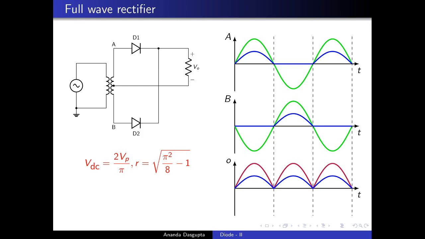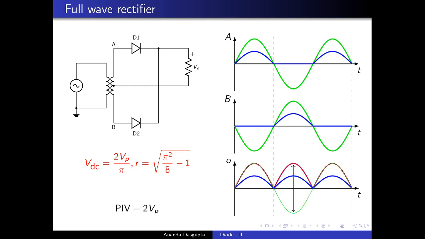So instead of Vp by pi, it's now 2 Vp by pi, substantially closer to Vp. Also the ripple is going to be substantially less, simply because the DC part has gone up. So we are going to get a ripple which, if you calculate, square root of pi square by 8 minus 1, which is around 40%. So remember, it was 120% for the half wave rectifier. This is a substantial improvement.